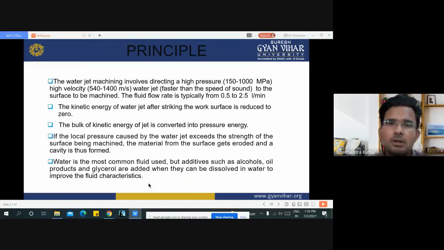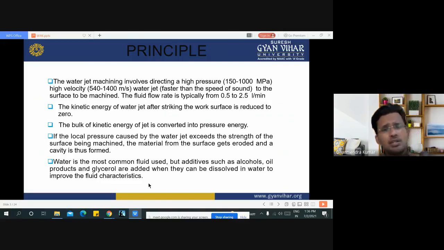Now the principle of the water jet machining process is that it involves directing a high pressure flow through nozzles, like 150 to 1000 megapascal, with high velocity, 550 to 1400 meters per second, water jet to the surface to be machined. The fluid flow rate is typically from 0.5 to 2.5 per minute.